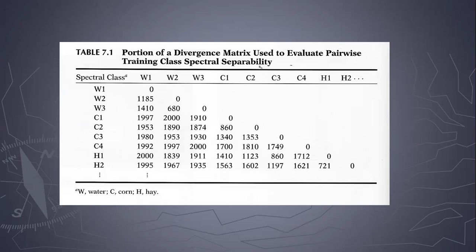W stands for water. People will collect different training sets, different training samples. For water bodies they will collect different training samples based on the band: W1, W2, W3. Then again one more training set for water body.